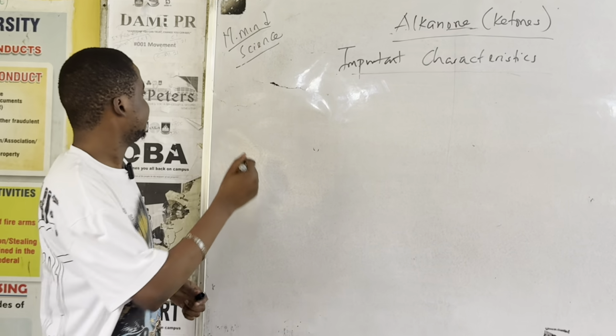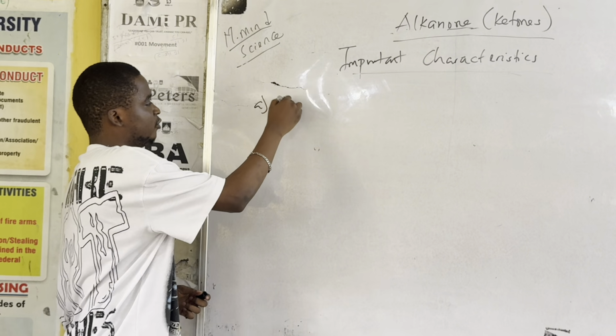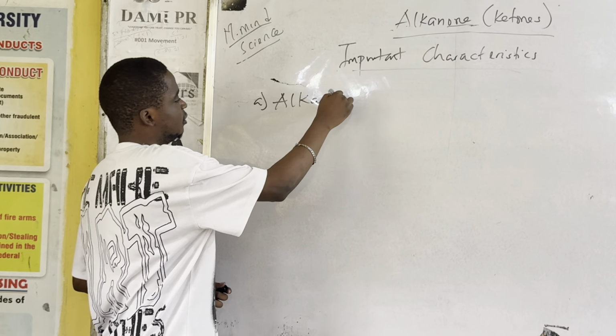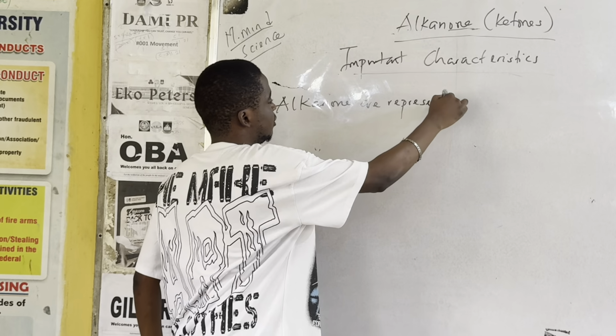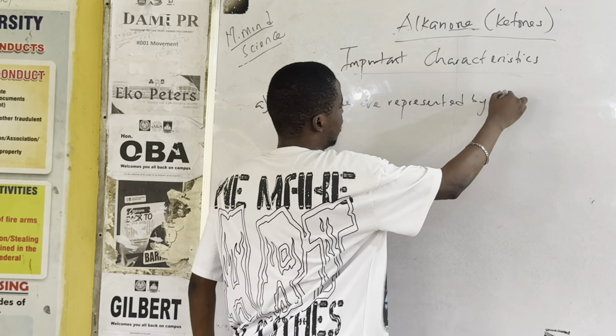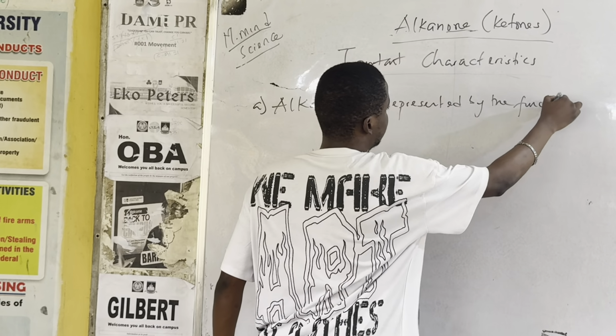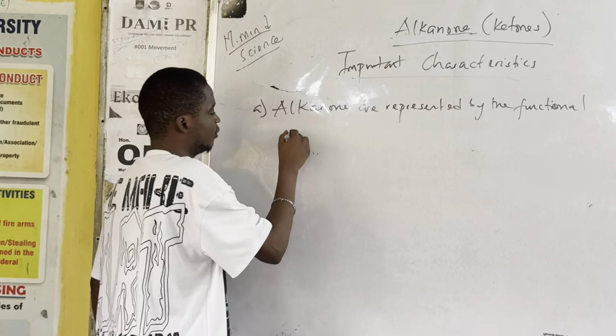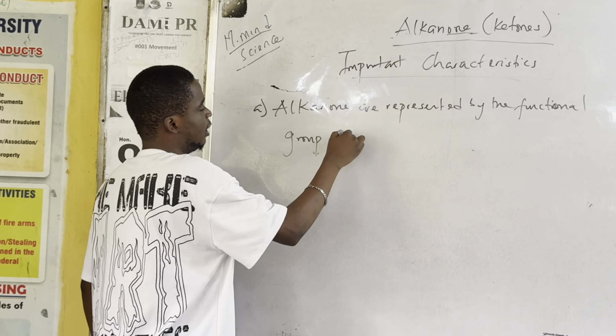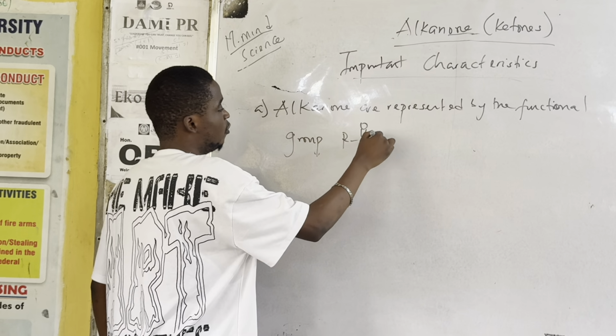The first thing is that ALKANONE are represented by the functional group RCOR prime.